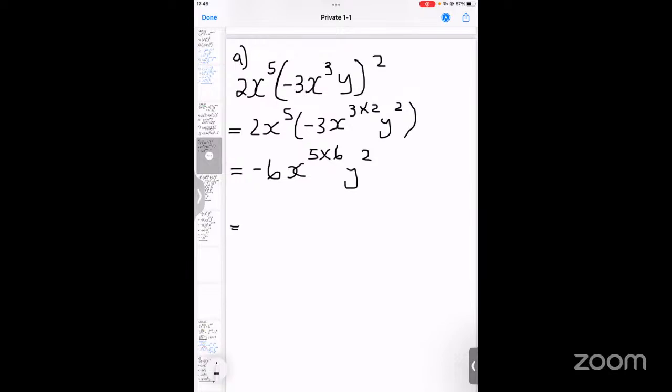Okay, so that means you will see negative 6x. What will that be? Is it 30 there? Yes, 5 times 6 is 30. This is 30.